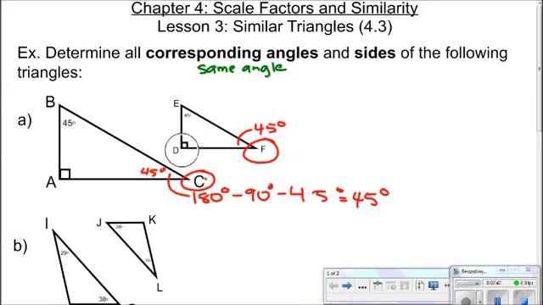After looking at the angles, we could also look at the side lengths. Either the angles will be similar or the side lengths will be similar. Side length BA is from the 45 degree to the 90 angle. Its corresponding side length would be ED because it has the same angles on each end. So those two are corresponding sides.